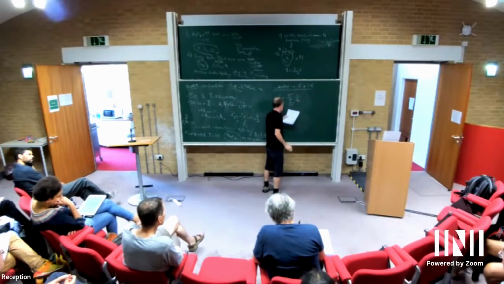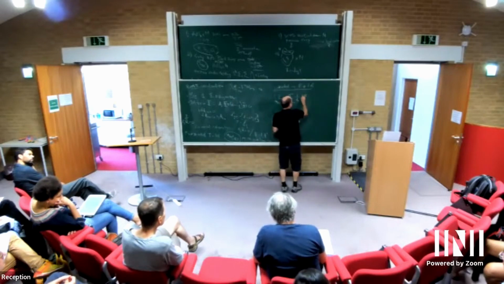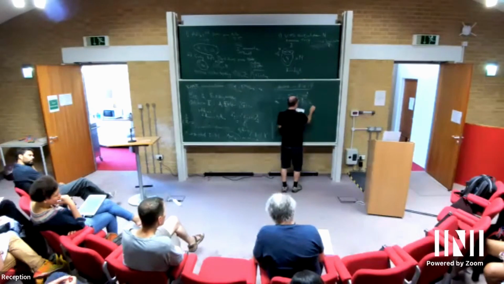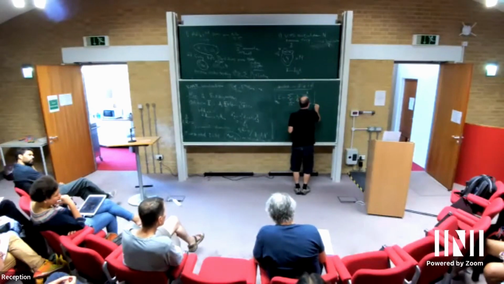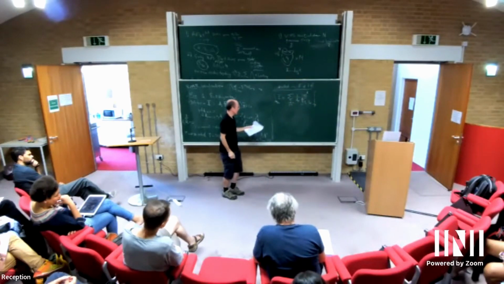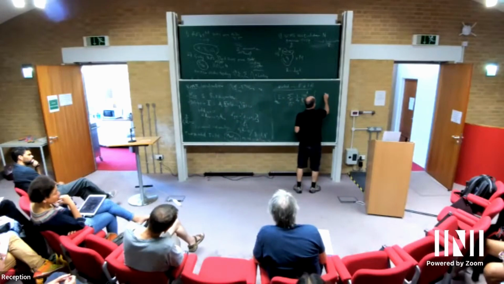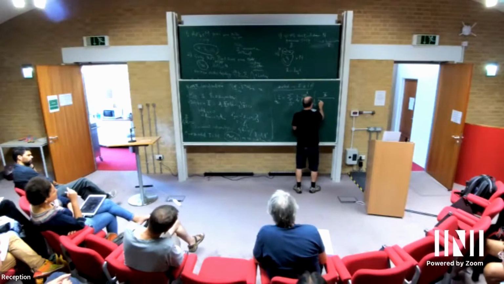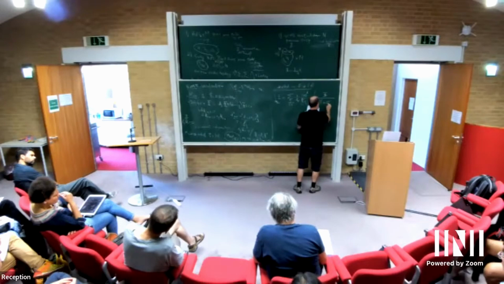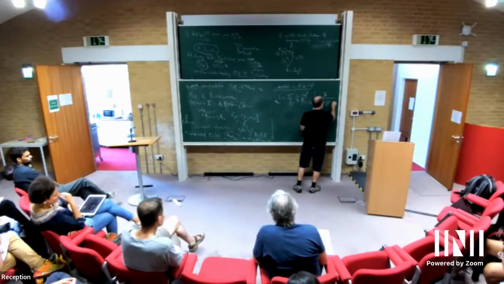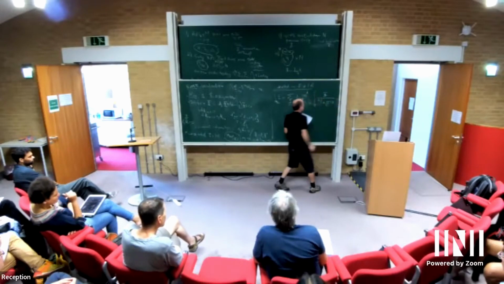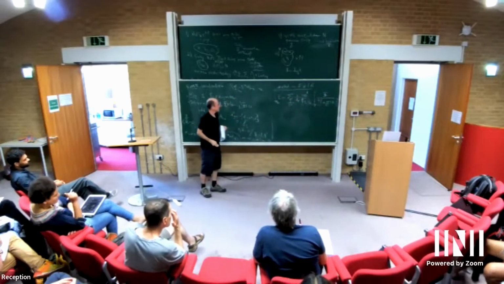They have a factor of (2π)^k, and then an integral over the fixed point sets of the form divided by this object here. It looks complicated, but actually it's not.